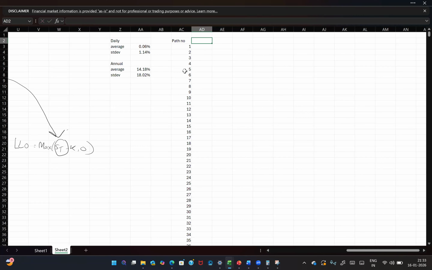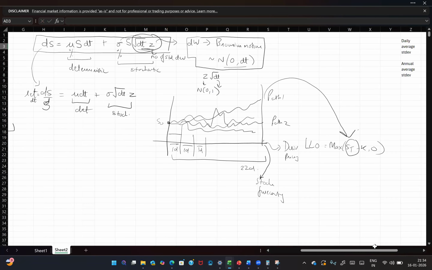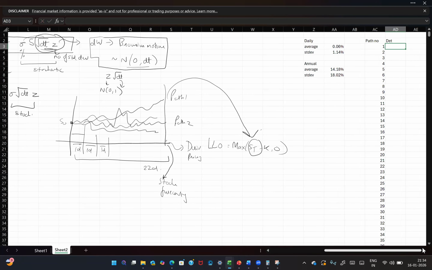The next thing to do is find the deterministic change. The deterministic change is simple: it's mu S dt. Let's get hold of this formula and write it here.